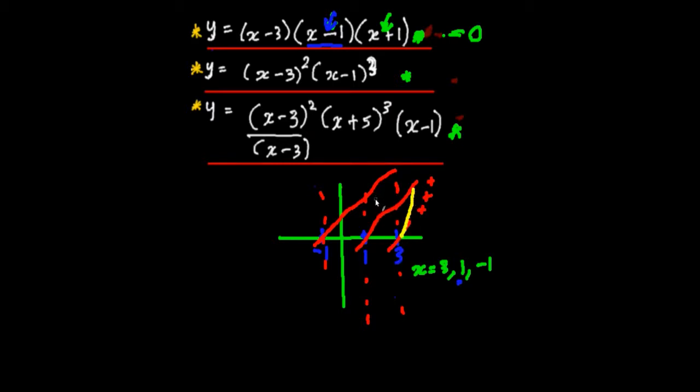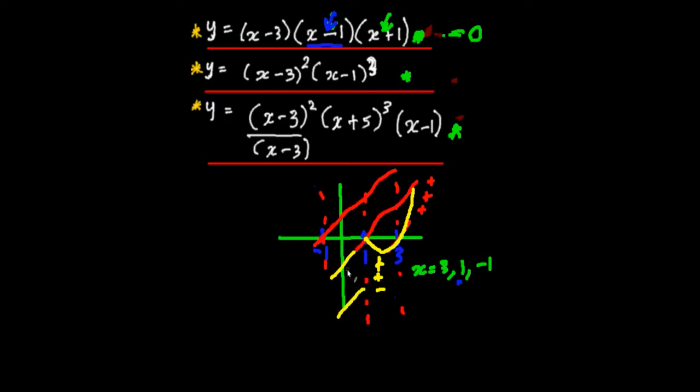This region over here, I have 2 positives and a negative. When I multiply 2 positives and a negative, I get a negative. So it's going to go like this. It must go through that line, so I'm going to curve it back up. Okay. Over here, what I'm going to remember is all 3 lines extended, so I haven't drawn that there, but it'll look something like that when all 3 are there.